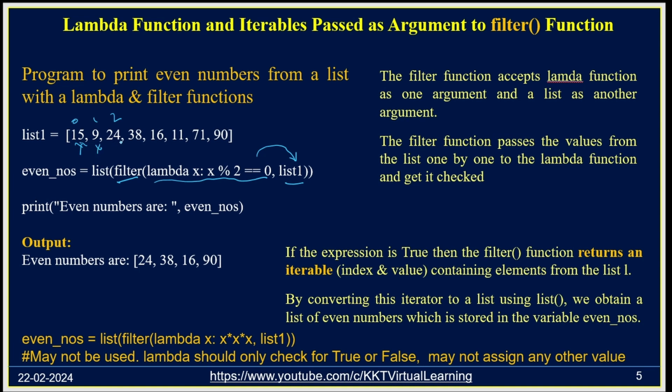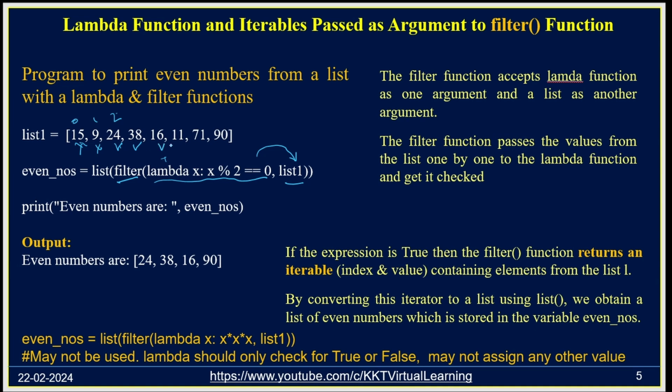And next 24 is taken from the list. For 24, the remainder is 0, so it is true. So this lambda function will return true for this element. In turn, the filter function will return the index and the value. Similarly, for 38, the remainder is 0, so this will also be returned.